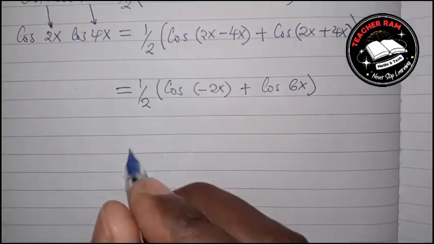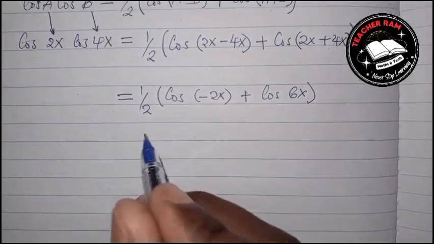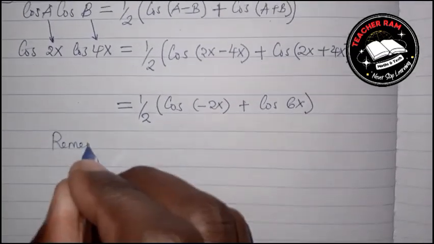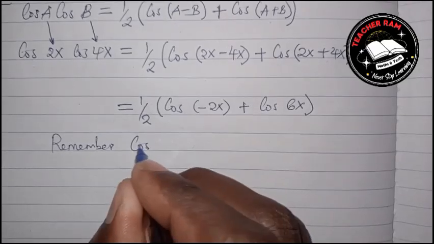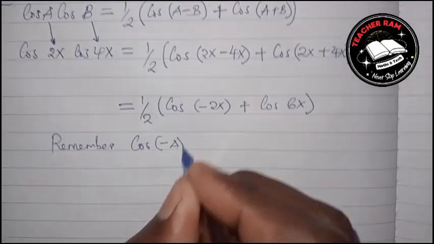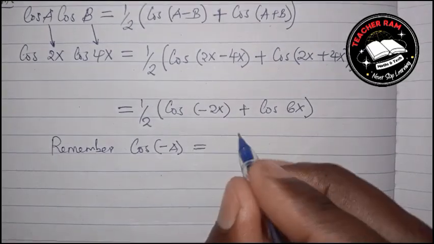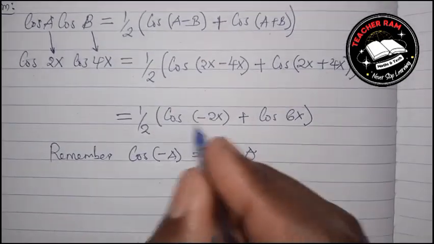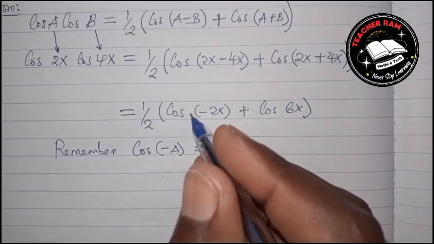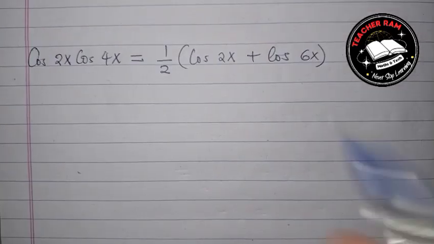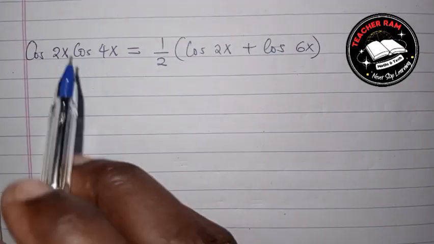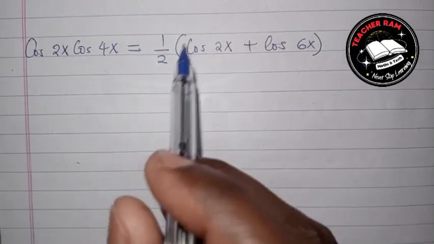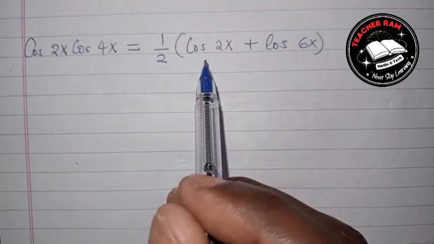But remember that cosine is an even function, in which cosine of a negative angle, let us say negative A, will be the same as cosine of positive A. So here cos of negative 2x will be cos of positive 2x. So we have got that cosine of 2x cosine of 4x is the same as 1/2 cosine of 2x plus cosine of 6x.